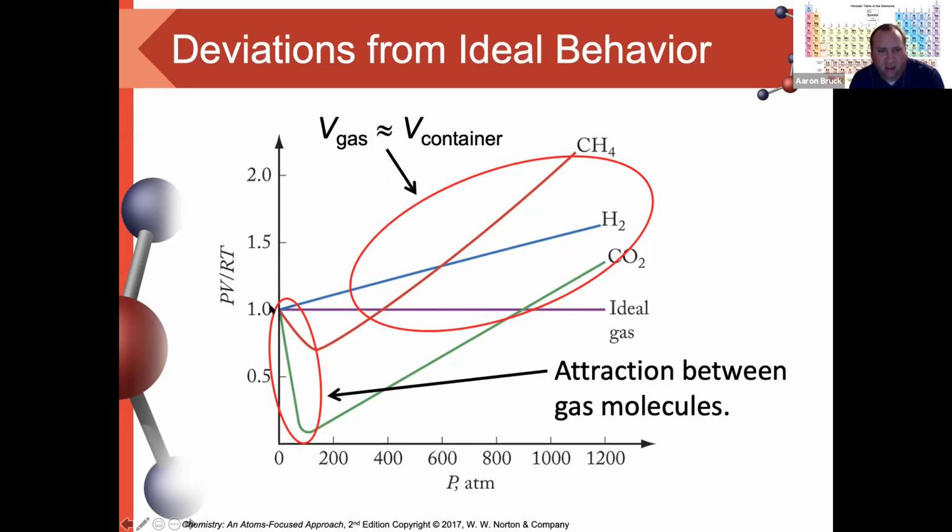In your textbook they zoom in on this window here and they show that for the first 25 atmospheres of pressure or so, all of these gases are really pretty close to that ideal gas line, with very few or minimal deviations. It's really when we get to these higher, more extreme kinds of situations.